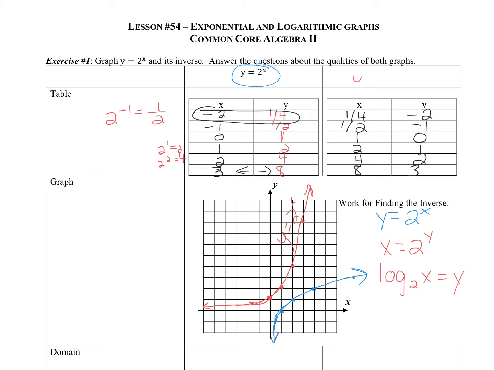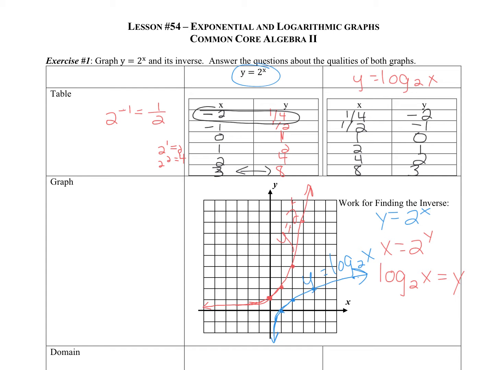So the inverse function is log base 2 of x. I'll write that on the graph: y equals log base 2 of x. There is a way to directly graph it on your calculator. I'm not going to put it in this video; your teacher might show you in school. But the idea is that it's just switching the x and y's from the exponential equation to get to the log equation.